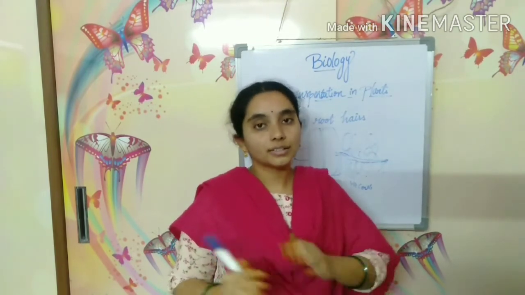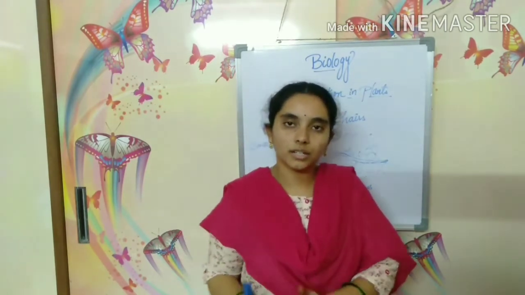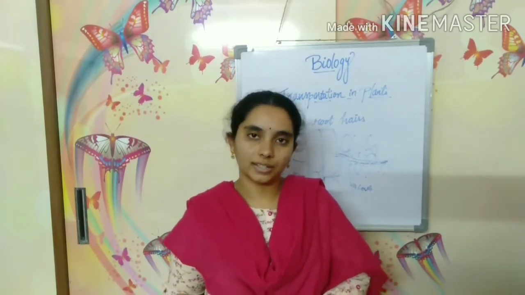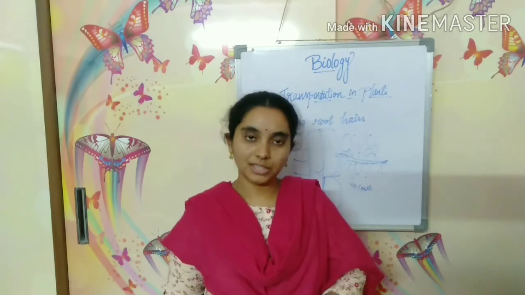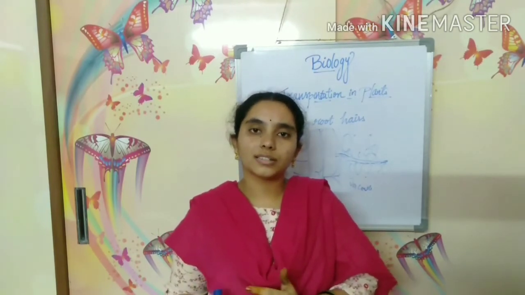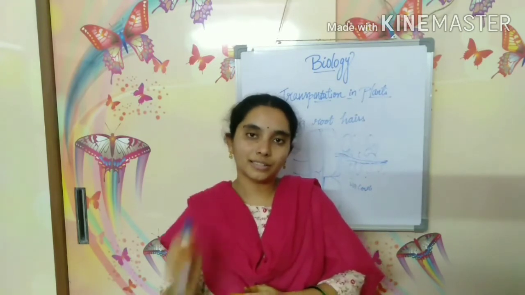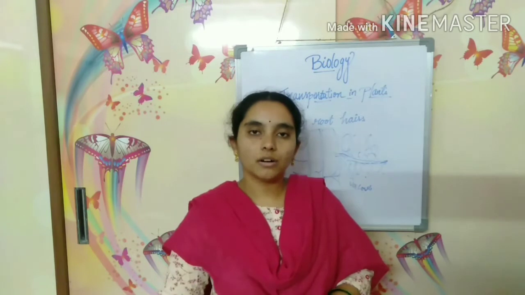As I told you, concentration always denotes the amount of solute present in it. Less concentration means the salts and minerals are very less in concentration, so more water and less nutrients and salts.